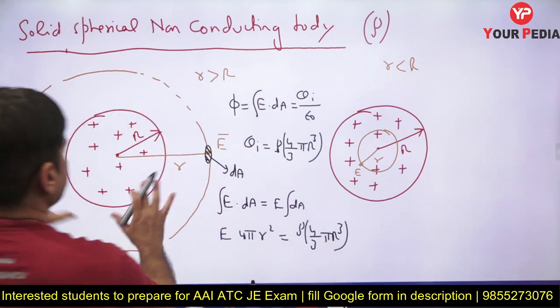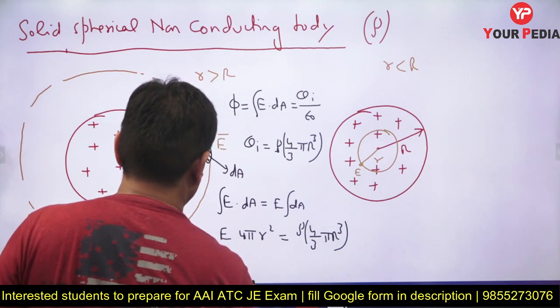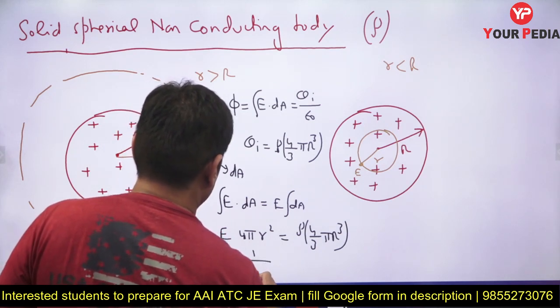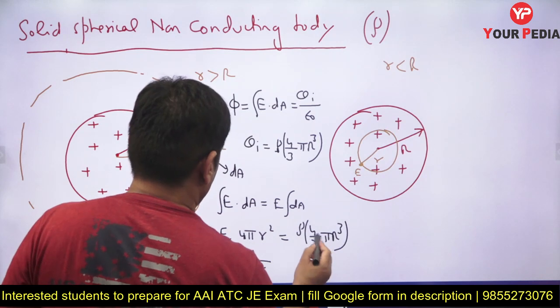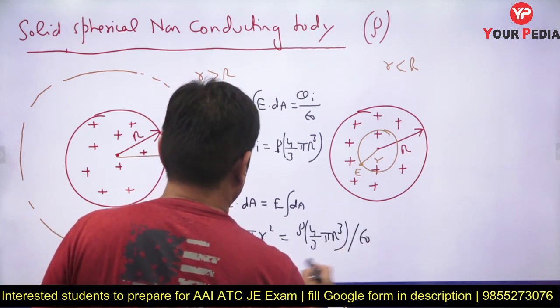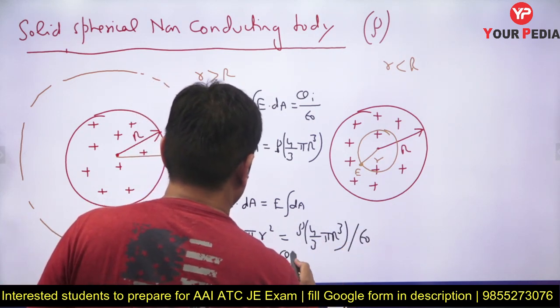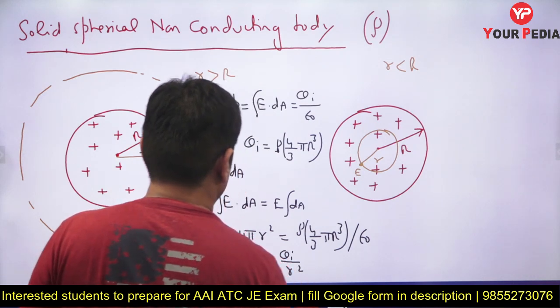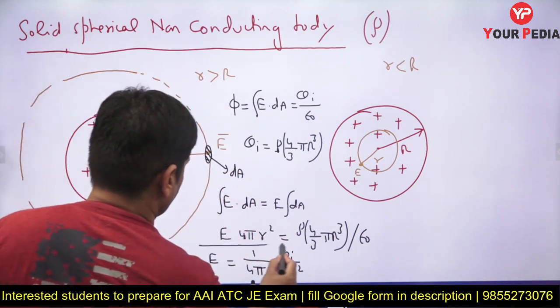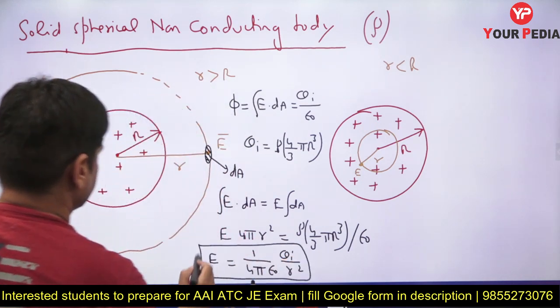If this is the entire charge q, I can write E as 1 by 4 pi epsilon naught, q by r square. Same formula which we got in the previous case.